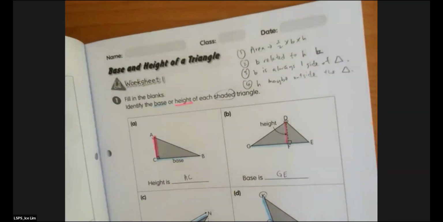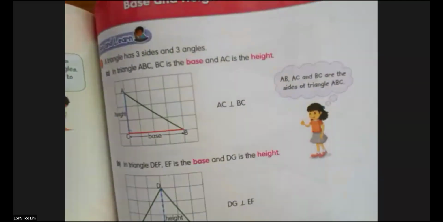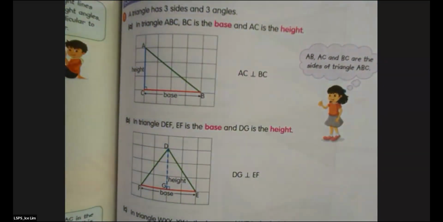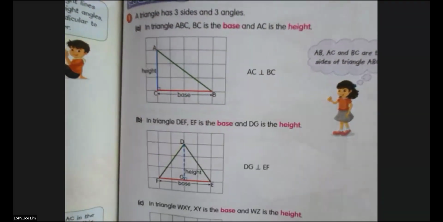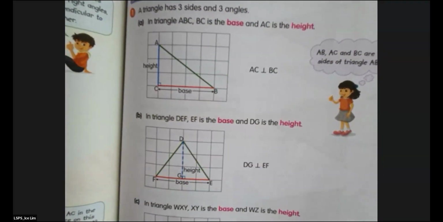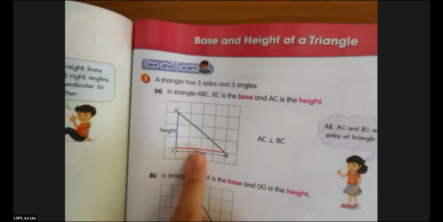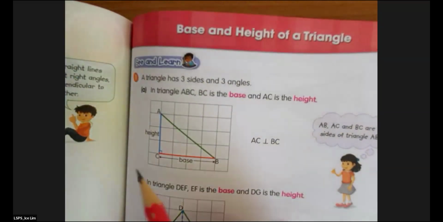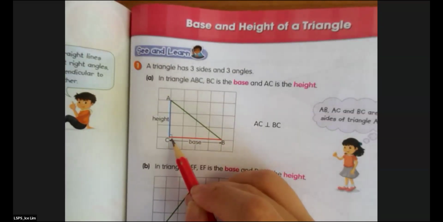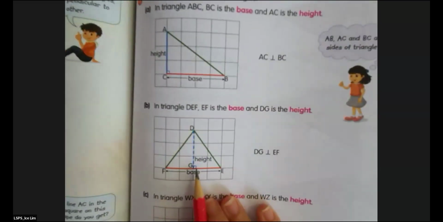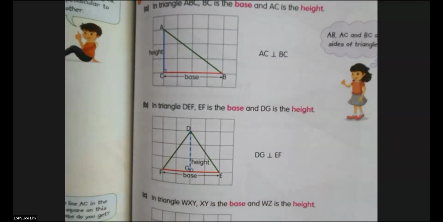Okay, so at this point, I want everybody to look at the textbook. It's page 93. On 93, it shows you all the lines in color. So this one is a right angle triangle because it has a right angle as a corner. This is called an acute triangle because all corners are less than 90.